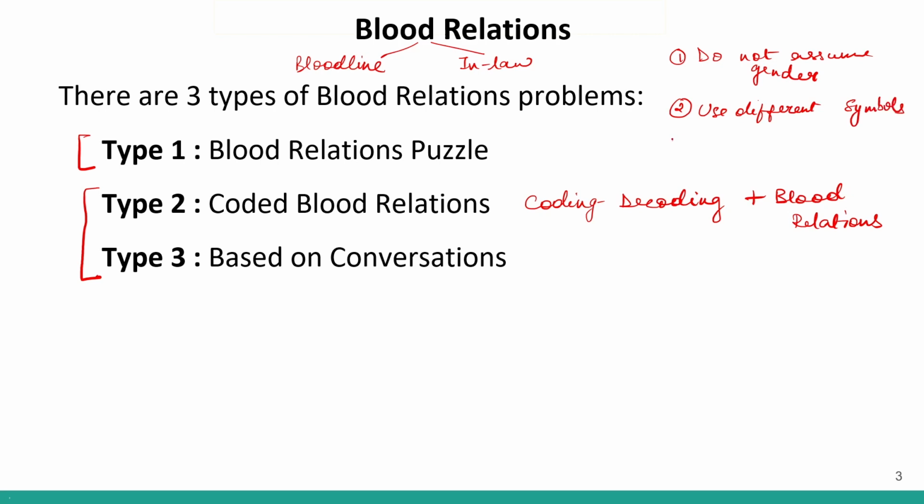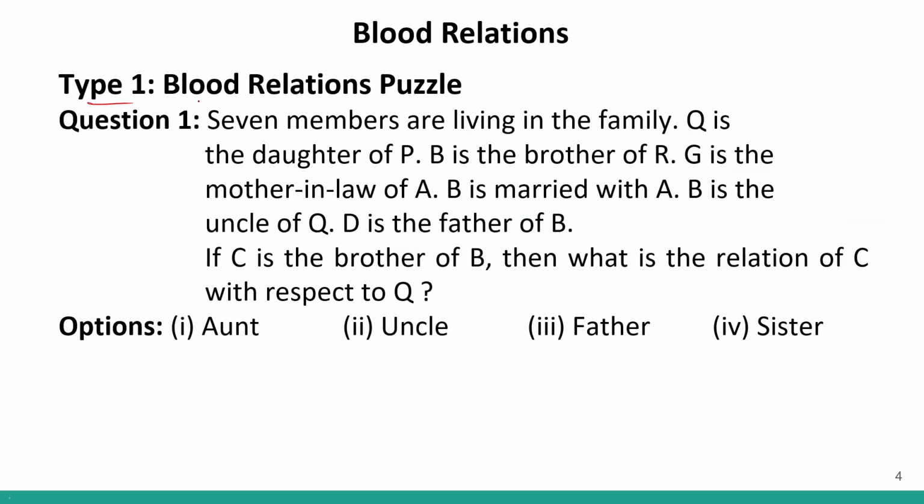And third is, always draw a family chart or a family tree to depict different relations generation wise. So by following these 3 tricks, it will ensure that none of your questions in blood relation ever go wrong. These 3 tricks, I would say, are very beneficial while solving questions on blood relations. So let us start with type 1, that is blood relation puzzle.